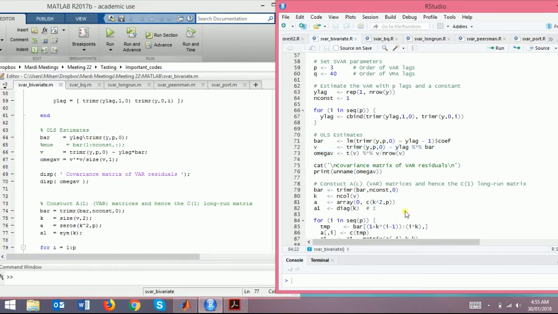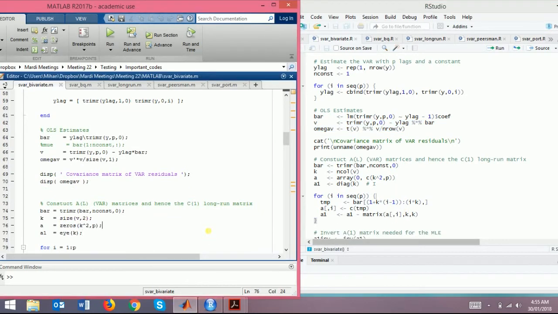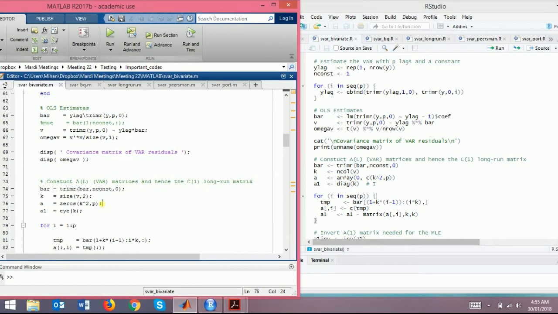Then we're going to construct the VAR matrix. Hence C1 is a long run matrix, so we need to construct autoregressive matrices from here, and this should be fun.